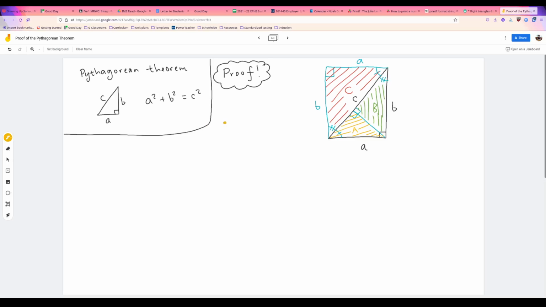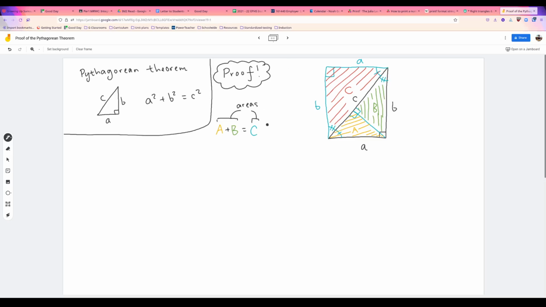an equation immediately. It says, hey, A plus B equals C. And we're talking capital letters here, so these guys are all areas.